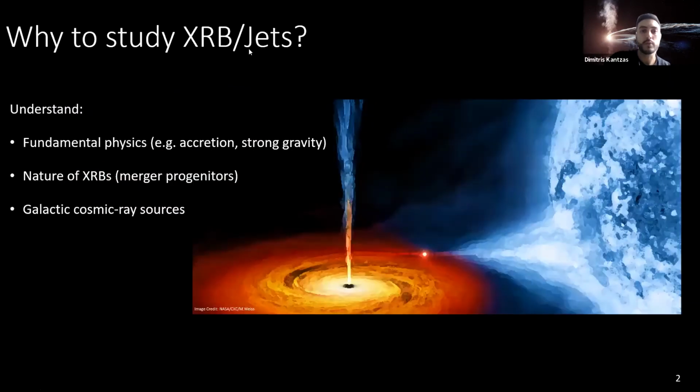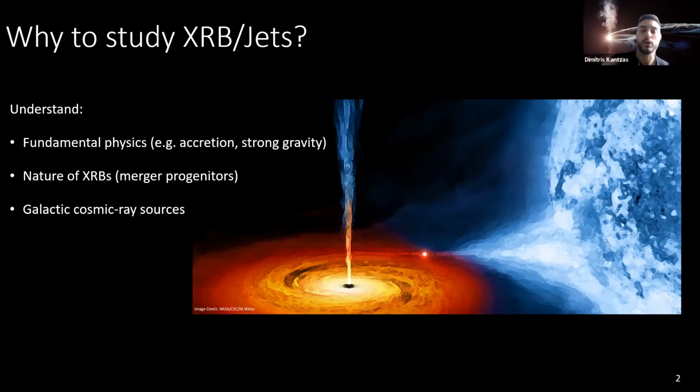But in case you're wondering why to study X-ray binaries, and in particular X-ray binary jets, it's because we want to understand some fundamental physical laws, such as accretion, in particular around compact objects like black holes. We moreover want to understand the nature of X-ray binaries that are the progenitors of gravitational waves.